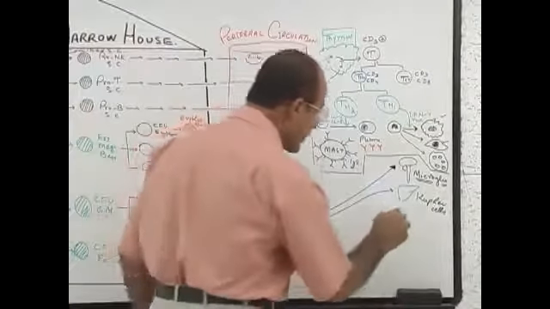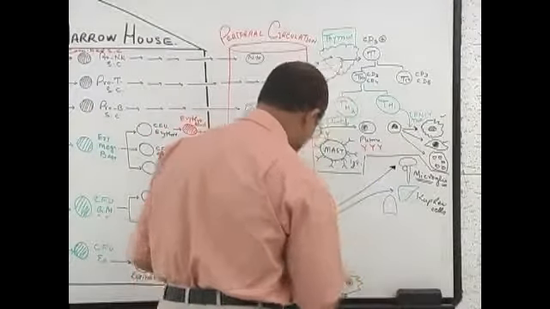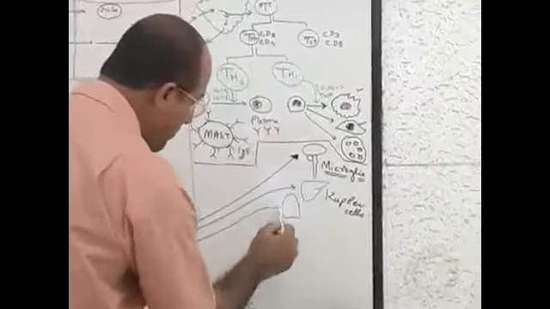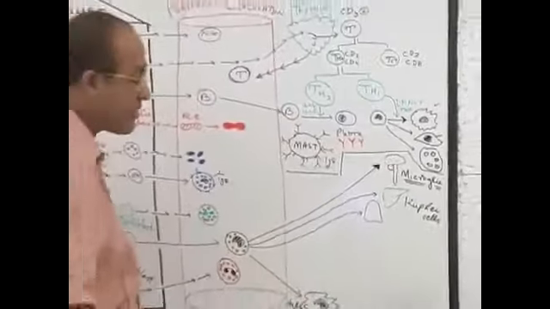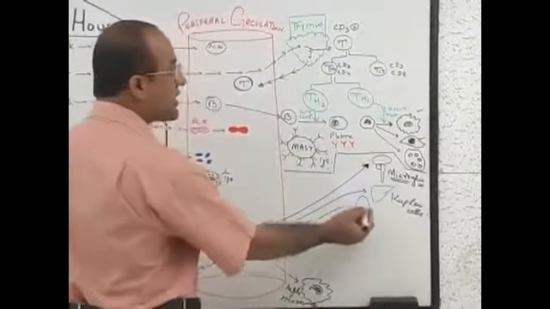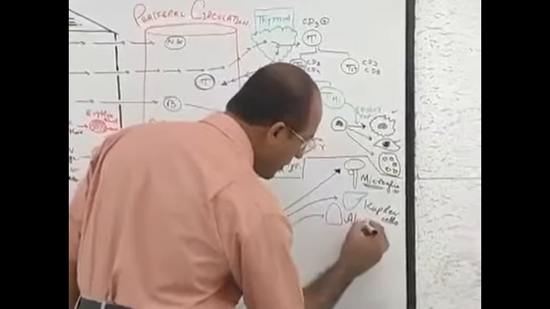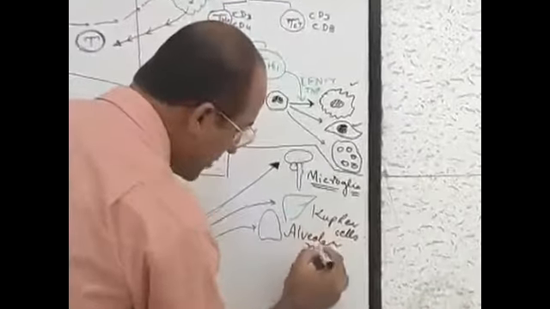Then in the lungs also, some monocytes or macrophages are normally present in alveoli of the pulmonary system, and they're eating up the dust particles and other particulate matter, and these are called alveolar macrophages.